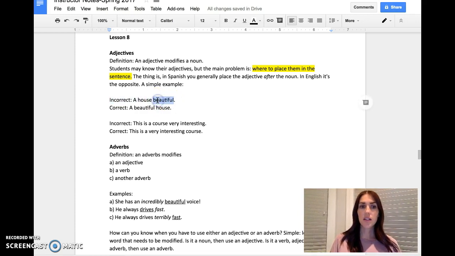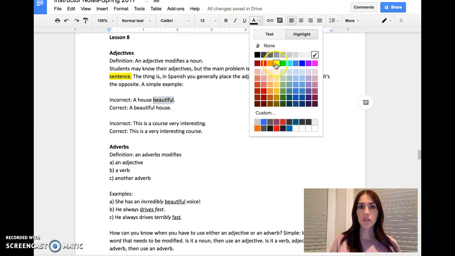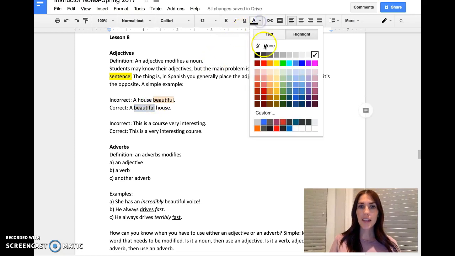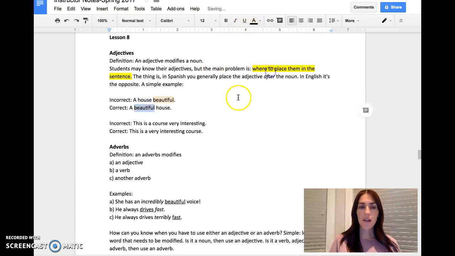Beautiful is the adjective. So I'll put that in orange. And so when we go to say that, a house beautiful, instead we put the adjective in front of the noun, so before.